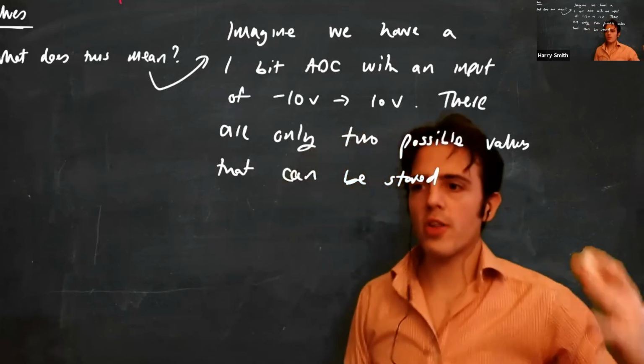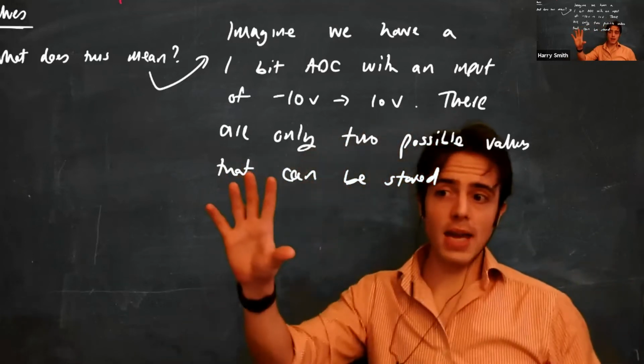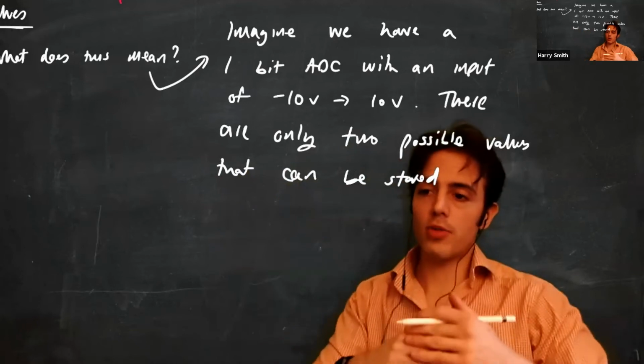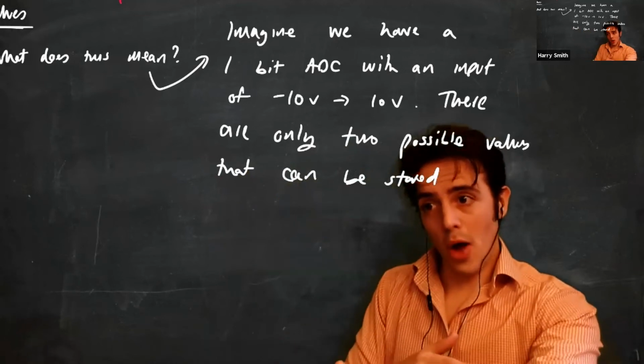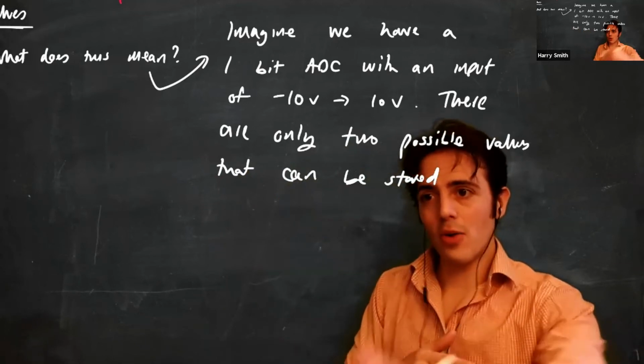Only 2 possible values that could be stored. So the 1-bit ADC could only record a voltage that is either below 0 or above 0.